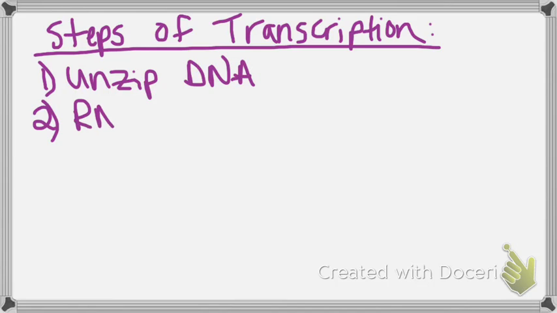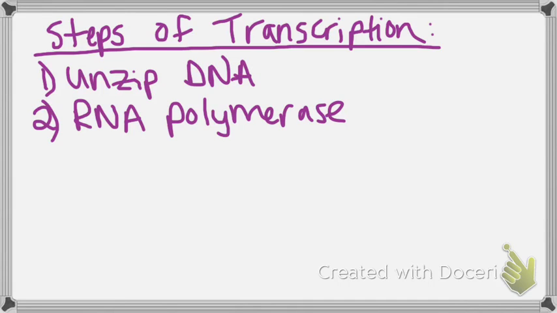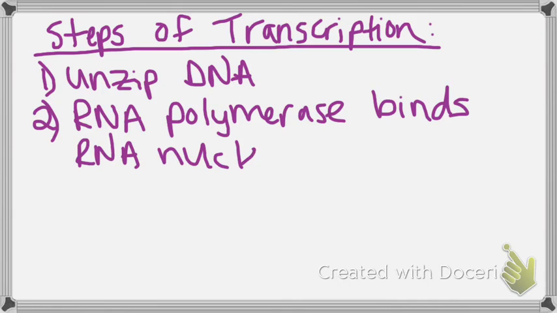Remember in replication we had DNA polymerase. Well, in transcription, we use an enzyme called RNA polymerase because instead of adding DNA nucleotides, we are adding or binding RNA nucleotides to the exposed bases.